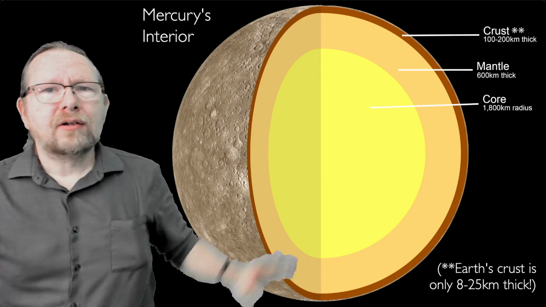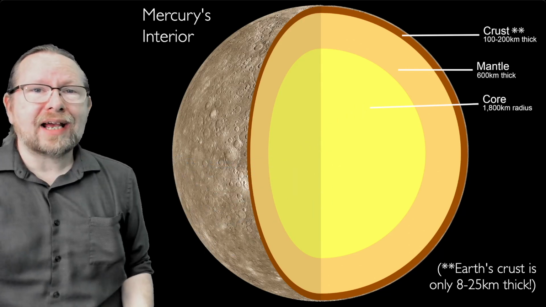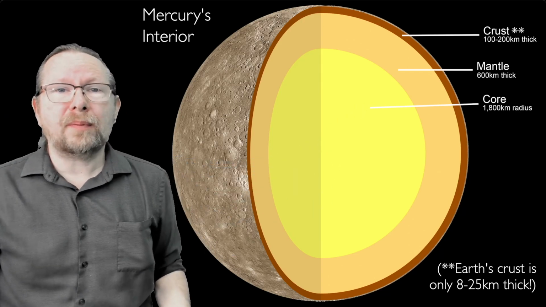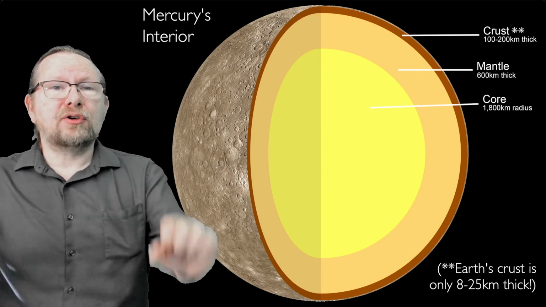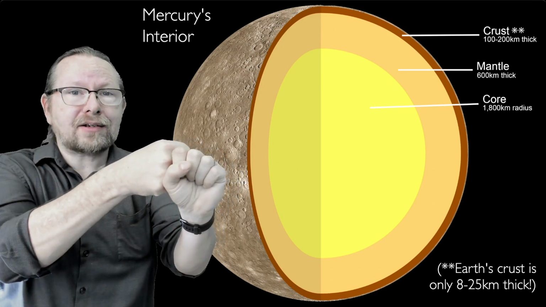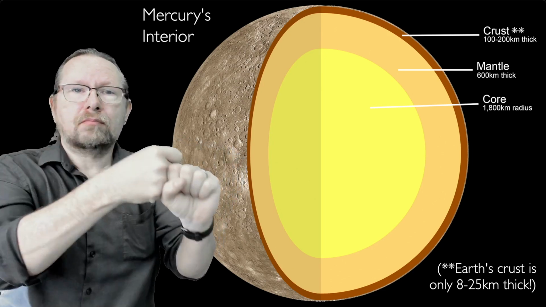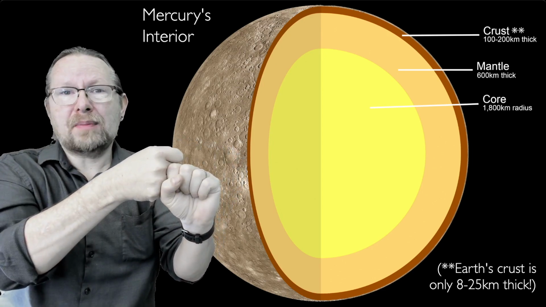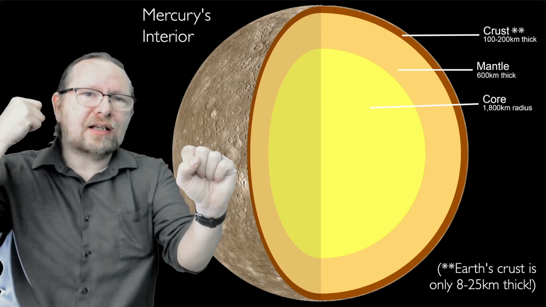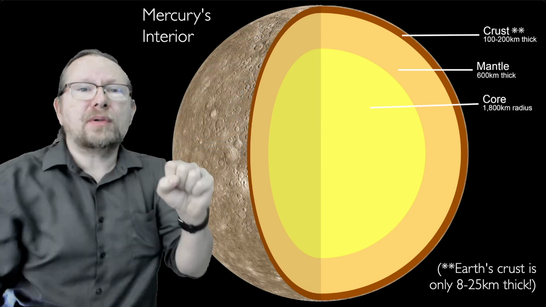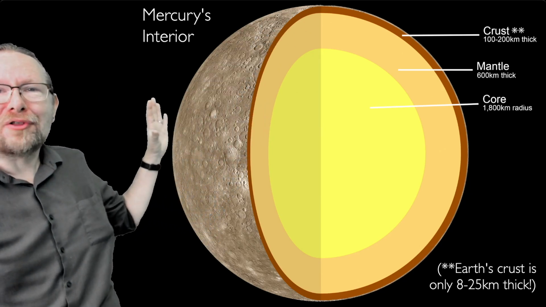So why does Mercury have such a big core? One of our guesses is that while Mercury was forming, it was bigger than it is now, maybe as big as the planet Mars. And during the process of forming, it got whacked by a large comet or maybe even another planet that was in the process of forming, and that collision knocked off a bunch of material that should have been the rest of Mercury.